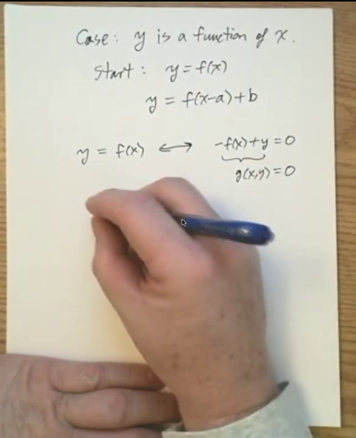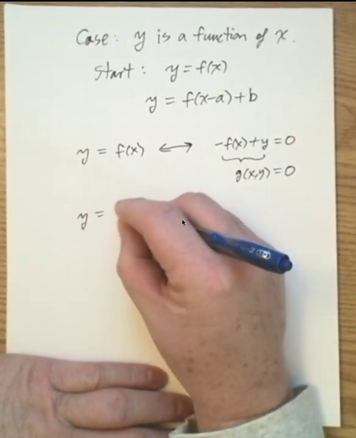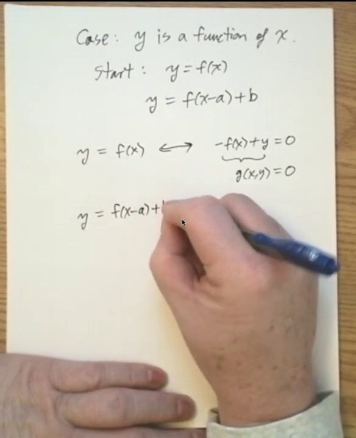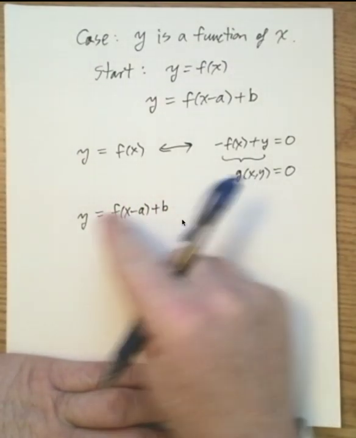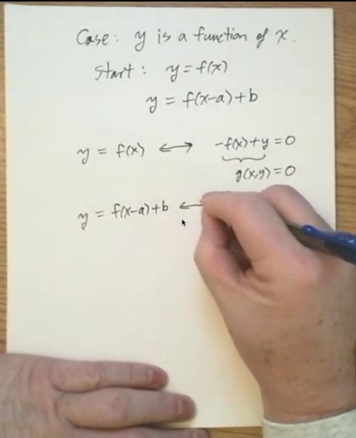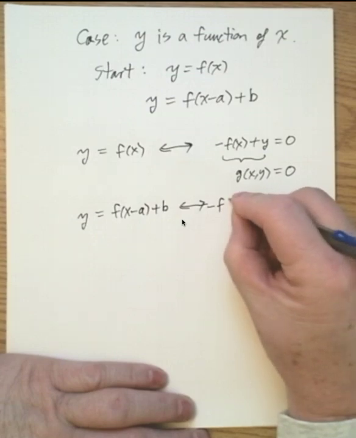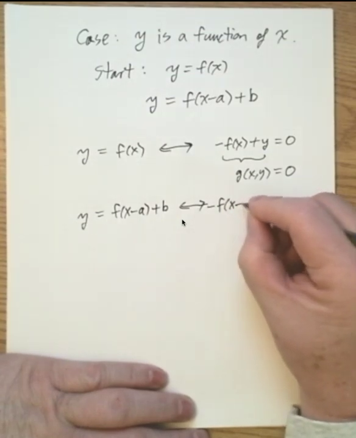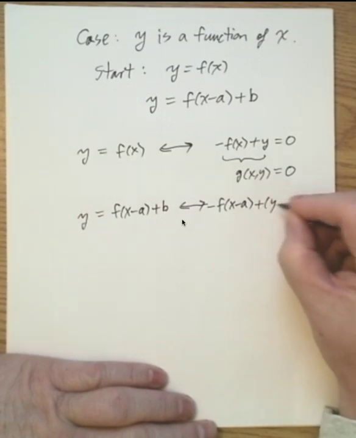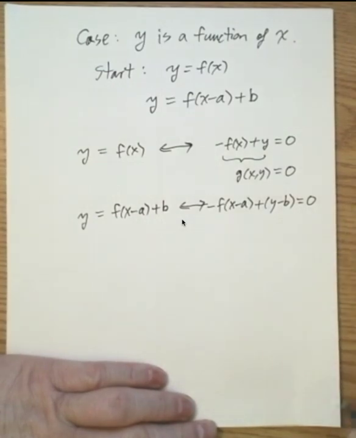Let's take this second one here. Alright, so we'll go like this. I'm going to do something similar. I'm going to move this guy over to the other side. So I've got negative f of x minus a plus, I'm going to use parentheses here, y minus b is equal to 0.